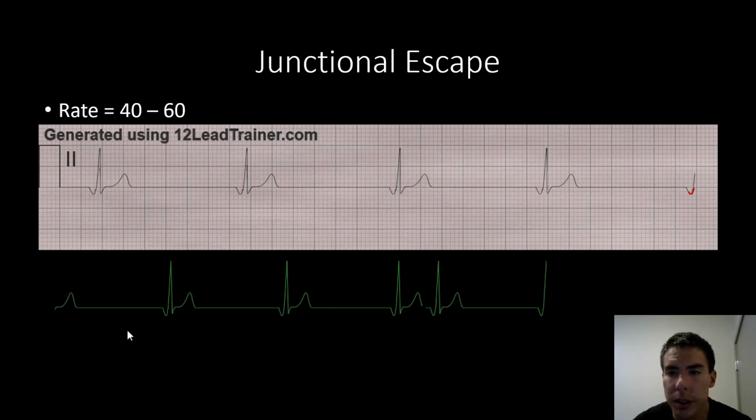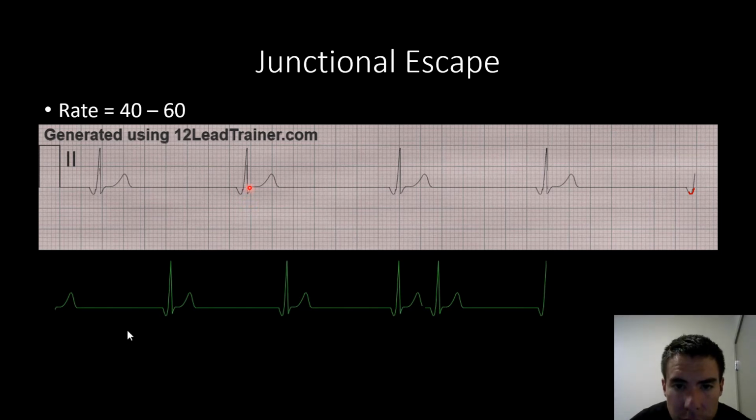So if we look at our QRS, it looks like it's wide because again we have that P wave kind of coming in where the Q wave is, so it makes it a little weirder and wider. But I guess it's not too bad.